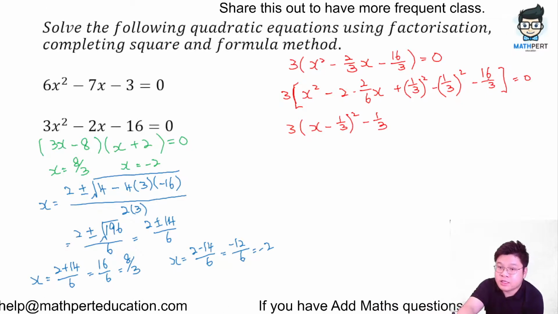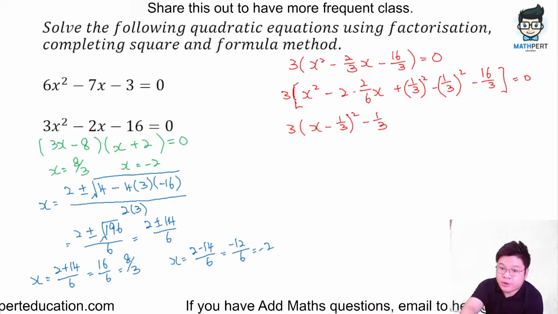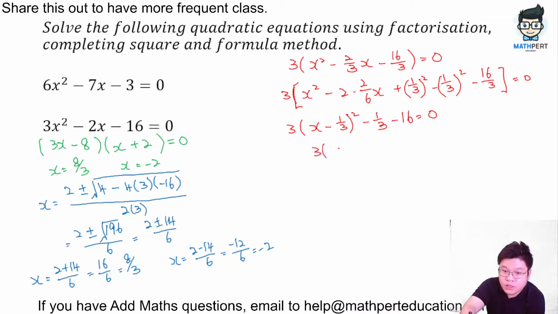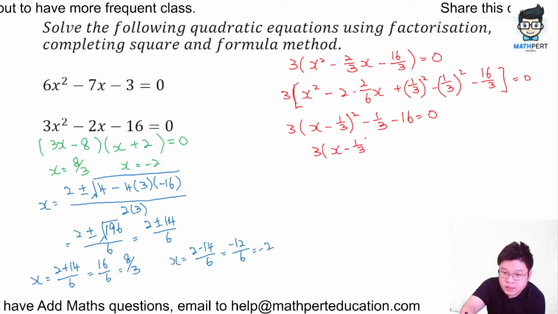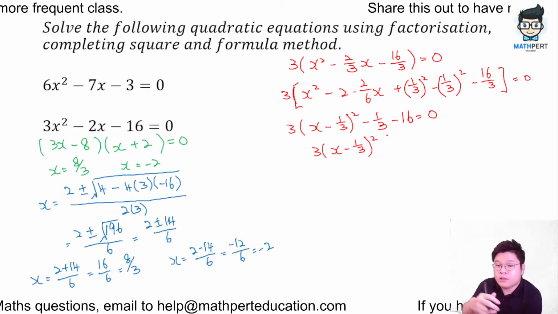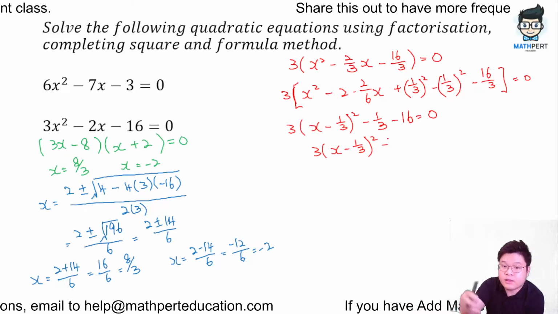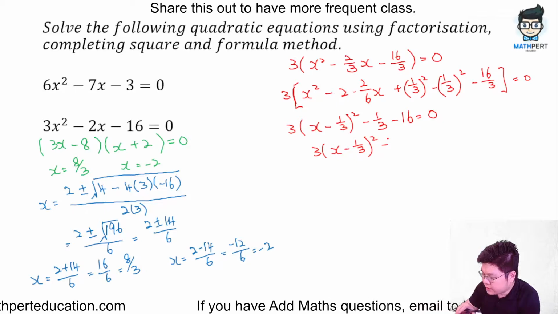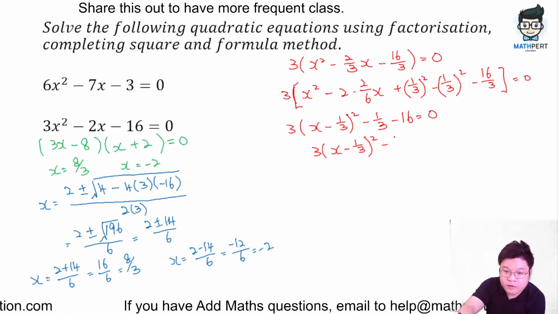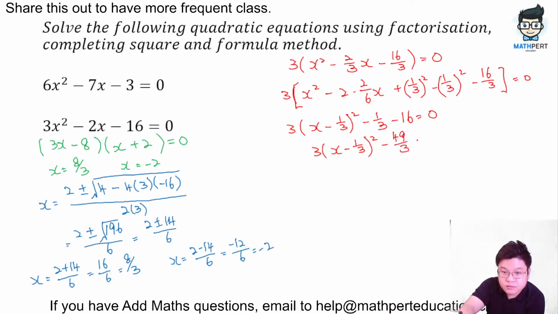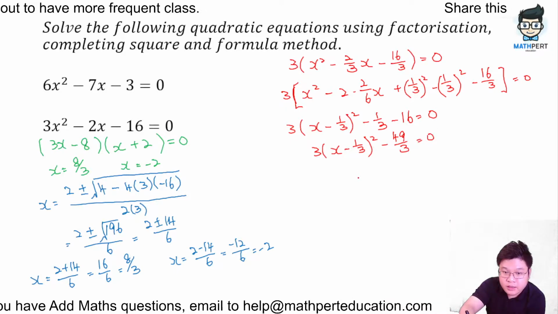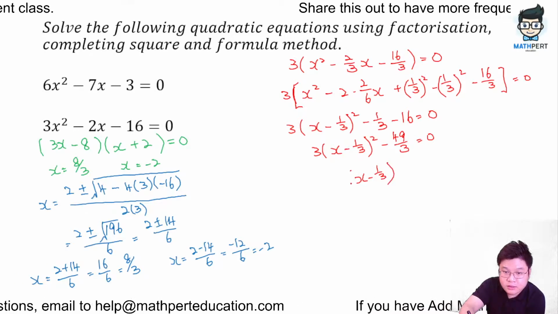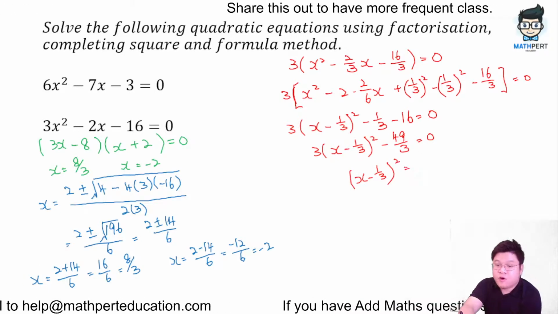This one, 16 out of 3 multiplied by 3, you get minus 16 equals 0. So 3 times x minus 1/3 square, negative 1/3 minus 16, you get negative 49 out of 3. Okay, so 3 times x minus 1/3 square is equal to 49 out of 3.